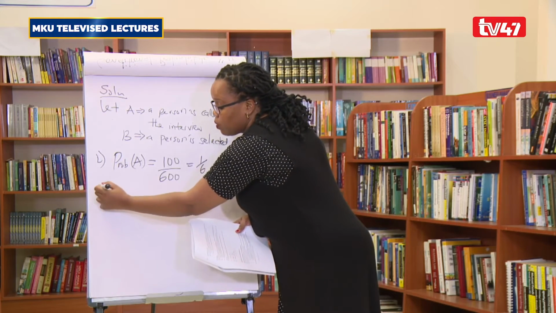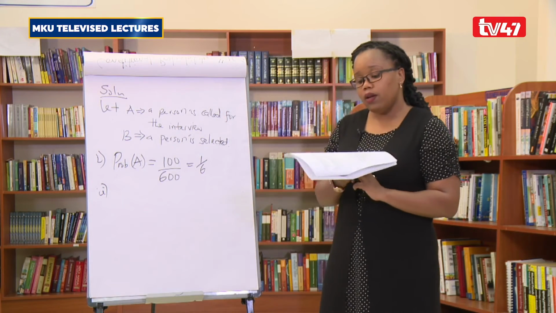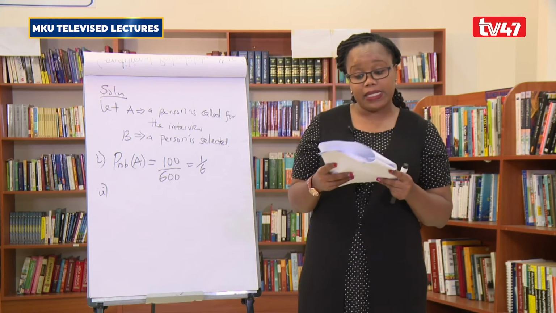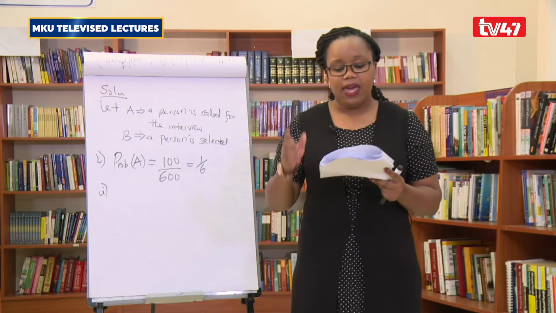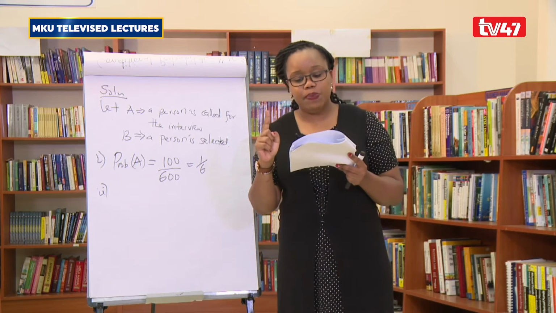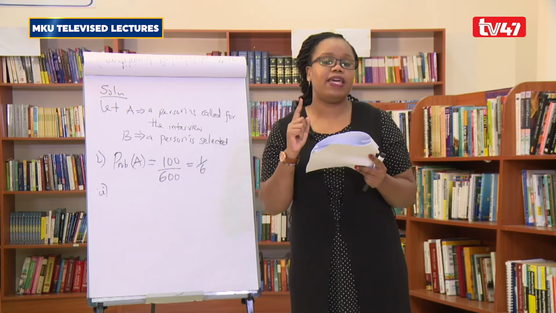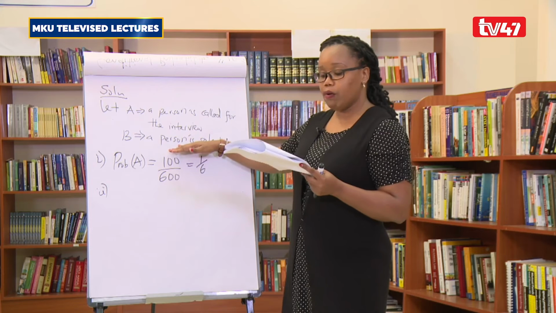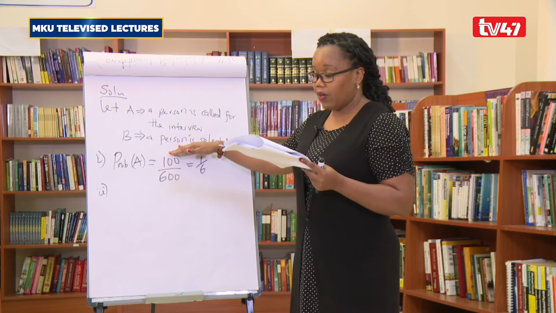The second question requires us to determine the probability of a person getting selected if, there's a condition there, if he has been called for the interview. So the getting selected is B, okay?